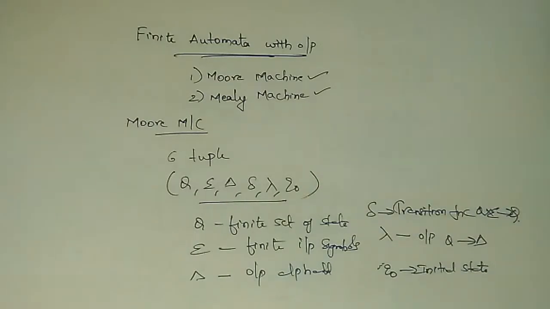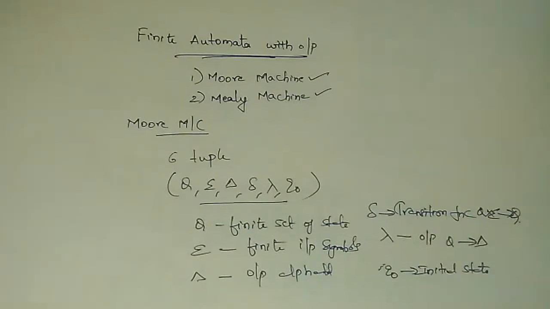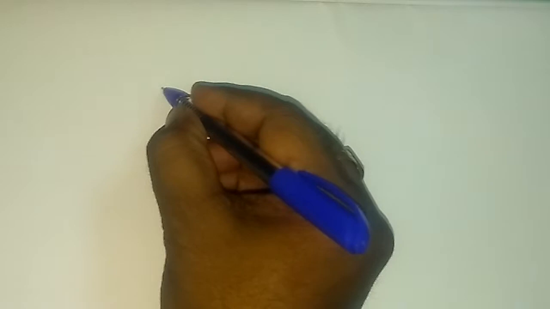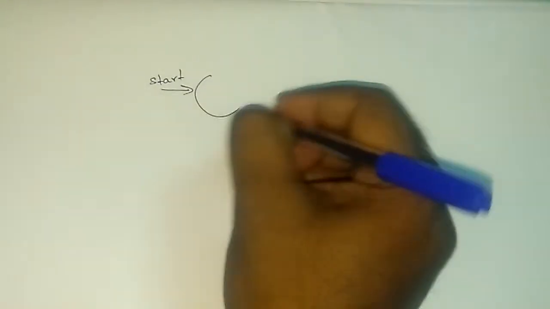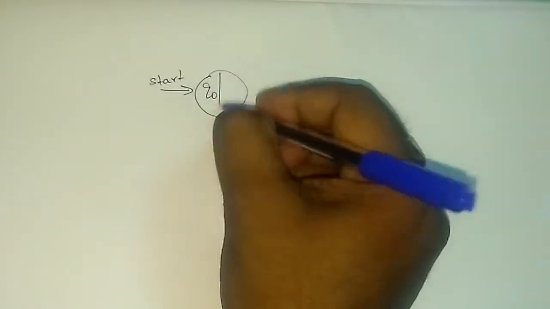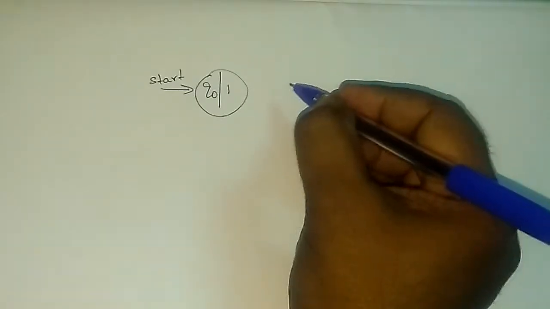Now we will see an example for the Moore Machine. So what is the structure of a Moore Machine? It looks like this. This is start, Q0, which is associated with output.